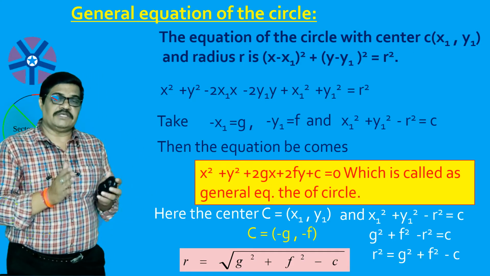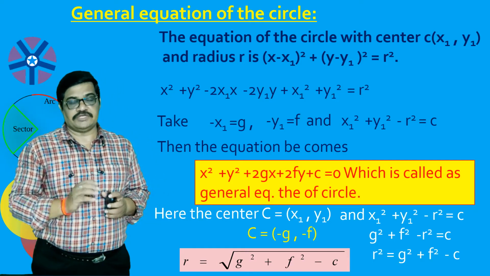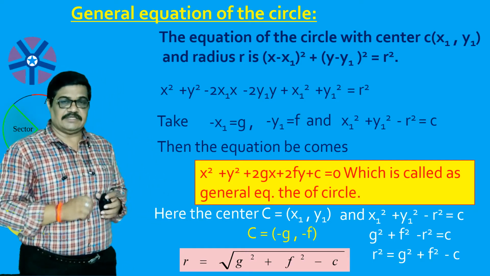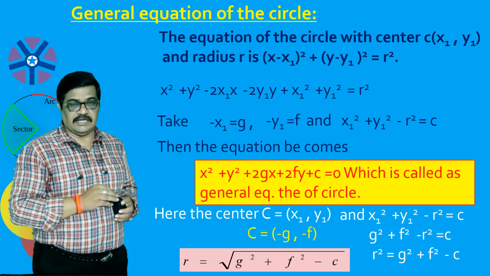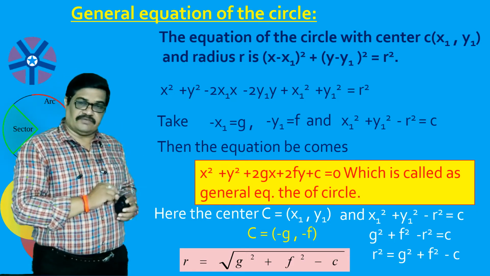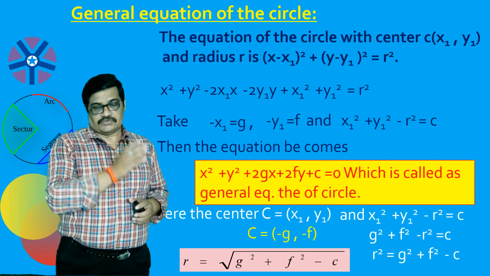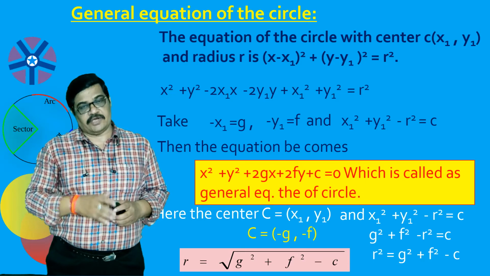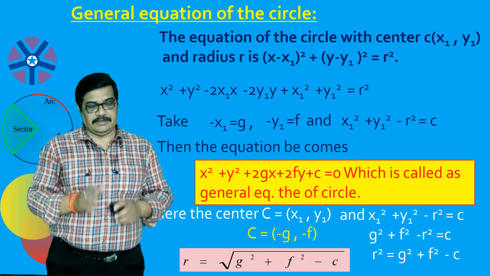Okay, what is the general equation form? x square plus y square plus 2gx plus 2fy plus c is equal to 0. What is the center of the general equation of the circle? Minus g, minus f. And what is the radius? r is equal to square root of g square plus f square minus c. So these are the formulas, very important.